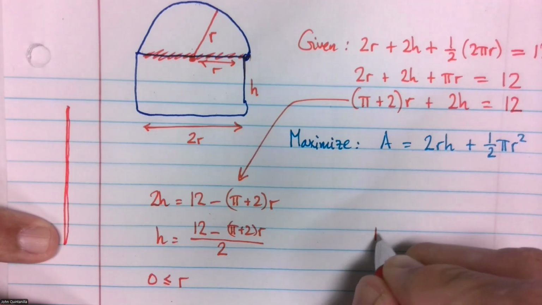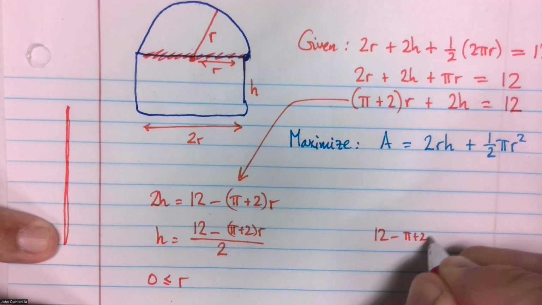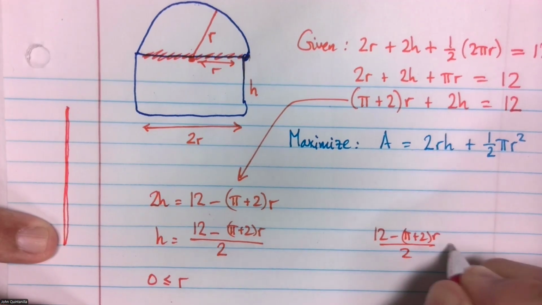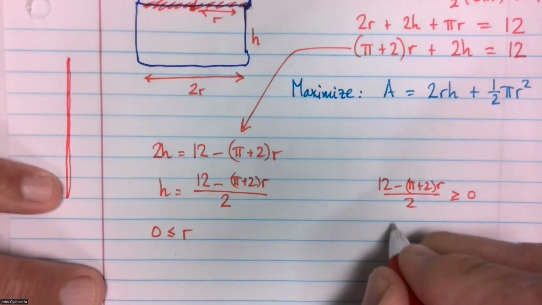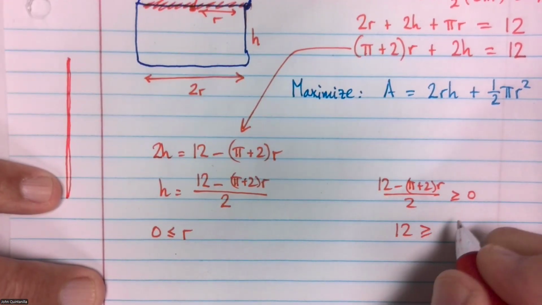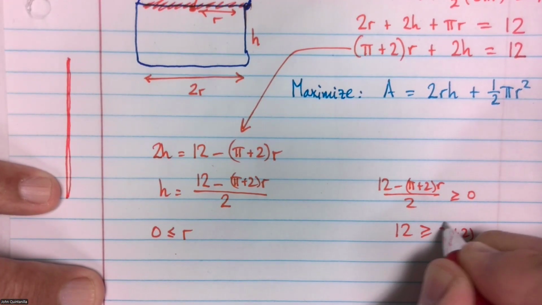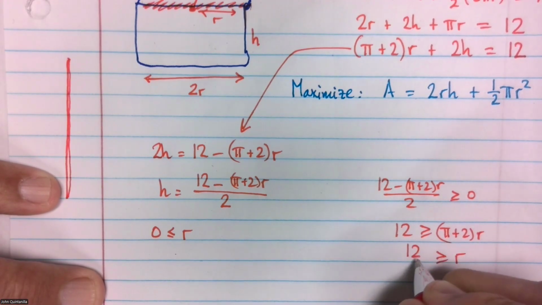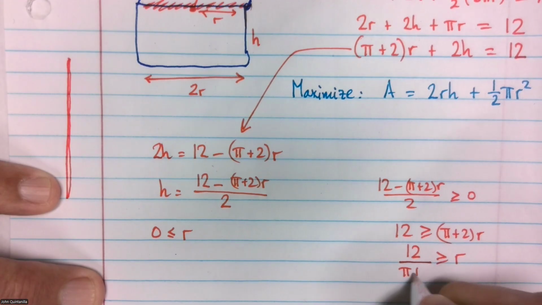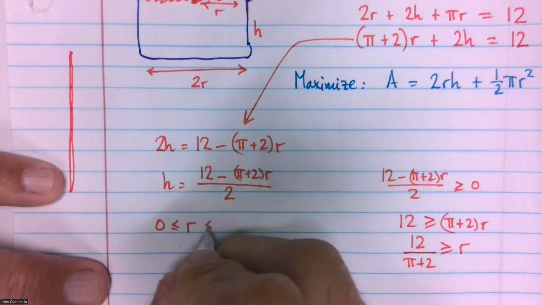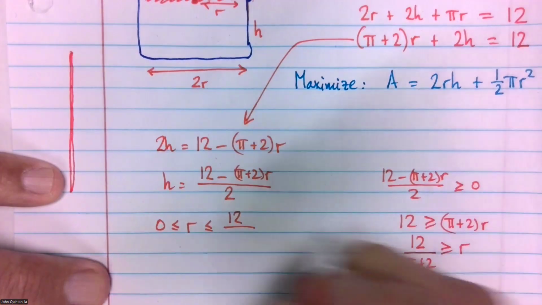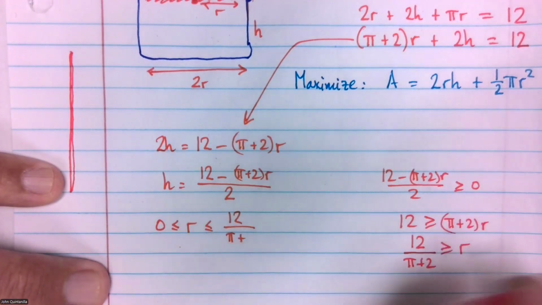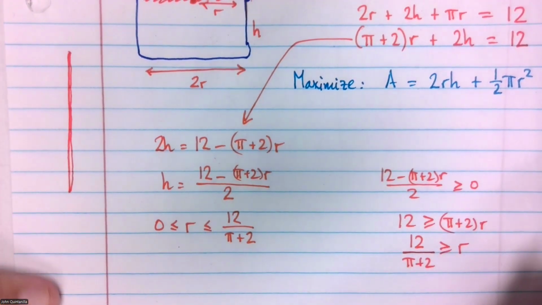If (12 minus (pi plus 2) times r) over 2 is greater than or equal to 0, that means 12 is greater than or equal to (pi plus 2) times r. And so the biggest the radius can be is 12 over (pi plus 2). Those are my boundaries on the smallest and biggest that r can be.